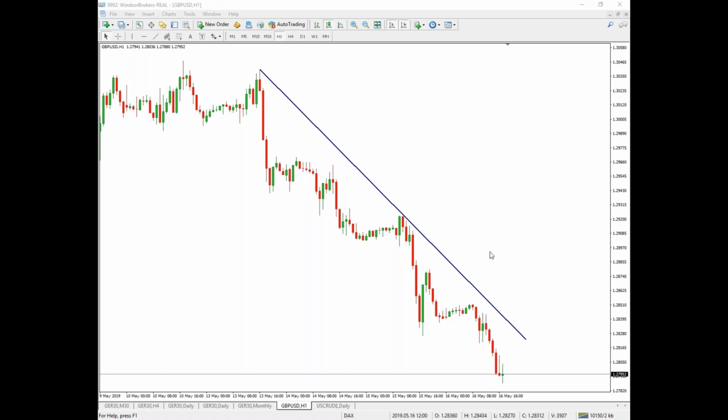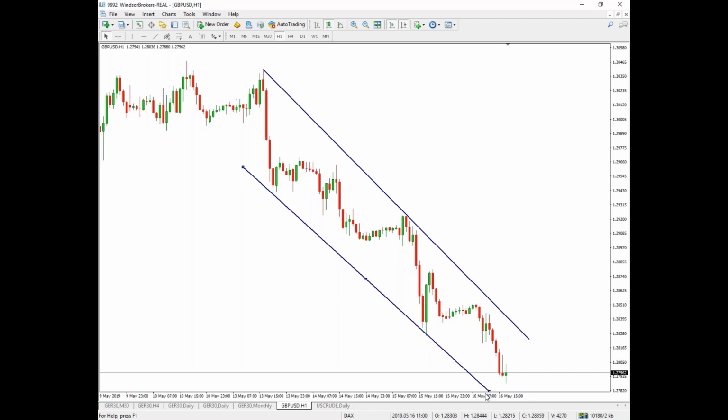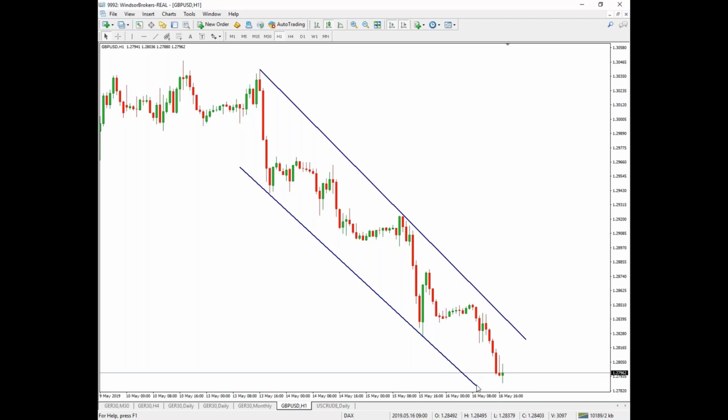We can define it by the trend line. We can also make the channel. So it's a perfect bear channel, the price is channeling lower within this bear channel. This indicates that the price is in a downtrend. So our first thing is to define direction. Direction is down, and most likely it is going to extend lower.